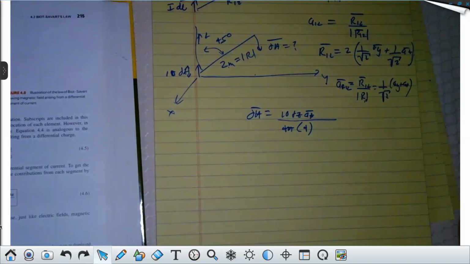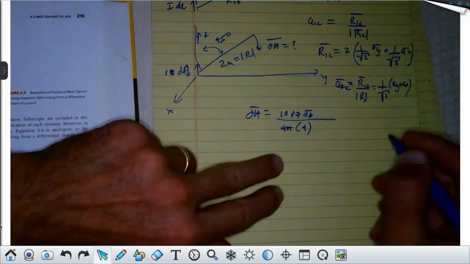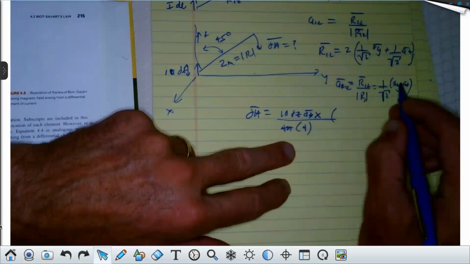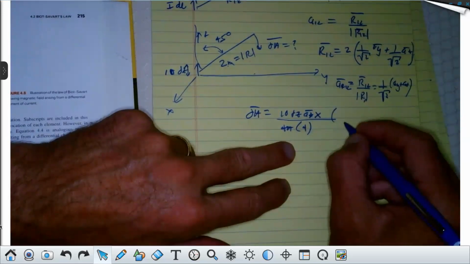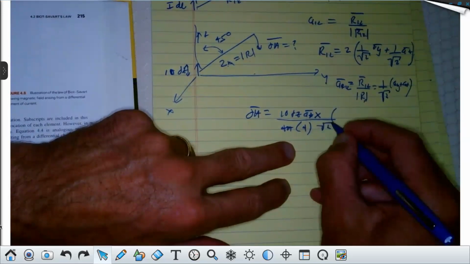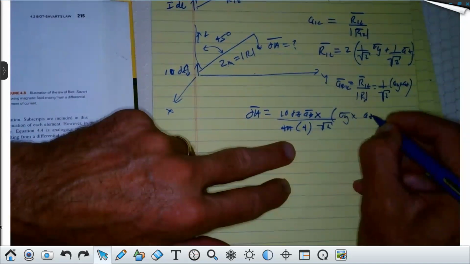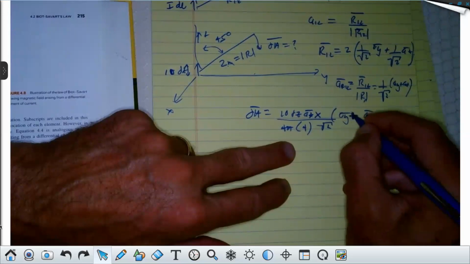Can you guys see what I'm doing? Okay. So now when I put in the unit vector, remember that's a crossing operation. That's going to be 1 over the square root of 2. I can put the square root of 2 down here. And it's going to be AZ crossed into AY plus AZ.